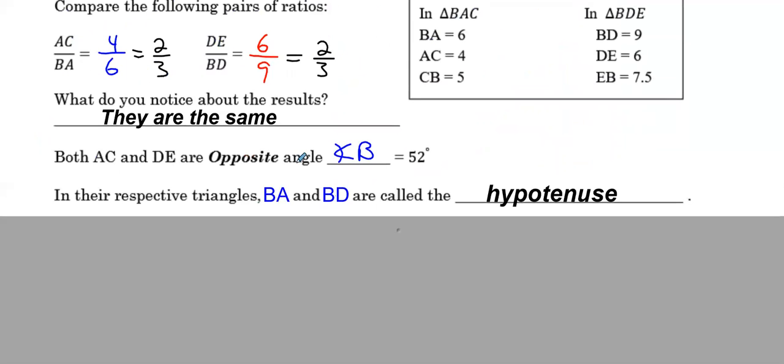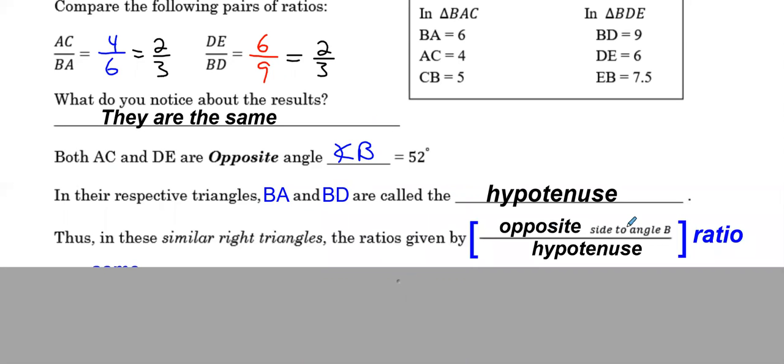So because the BA and the BD were used in the ratio, and the AC and the DE were used in the ratio, we create a named ratio. So now we have generic names. So the side opposite angle B divided by the hypotenuse gives us a ratio.